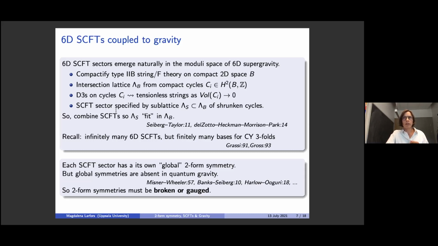So as I go to special points in the moduli space, there will be SCFT sectors emerging, which are specified by certain sublattices of this lattice of compact cycles that are shrunken. So if I want to see if an SCFT can be coupled to gravity, I need to explore whether I can fit the charge lattices of the SCFT into the cycle lattice of a compact base.